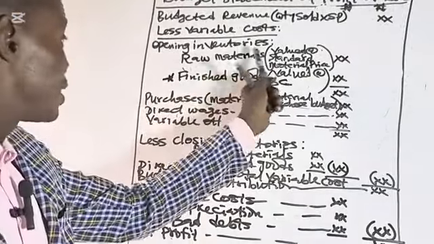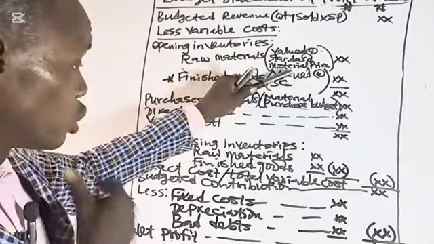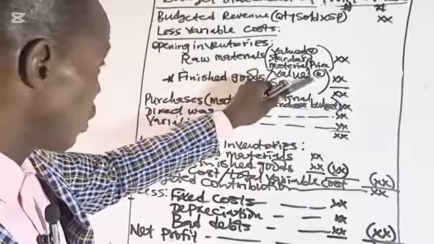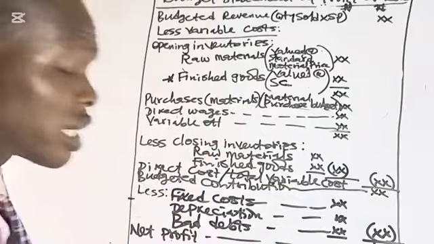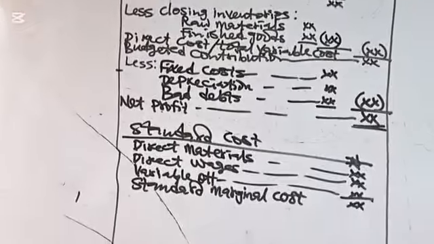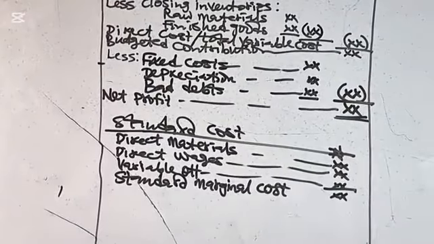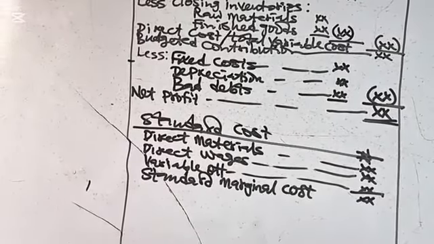The material price will be used to value the raw material, but to value your inventory of finished goods, you use standard marginal cost where the examiner recommends that. But if you want to use standard absorption costing, the only difference is you will include the fixed production overheads.